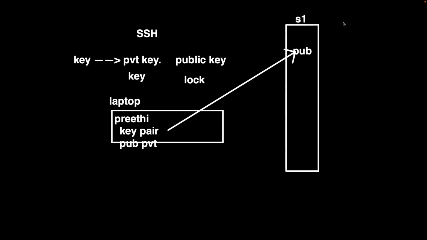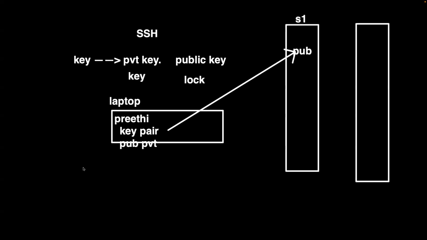Let's suppose I want to connect to another remote server. I have one more server, S2 tomorrow. You will generate another key pair 2. You will keep the private key 2. You will put the public key 2. So because you have the private key from this laptop also, you can connect.